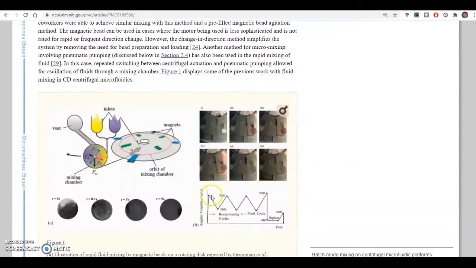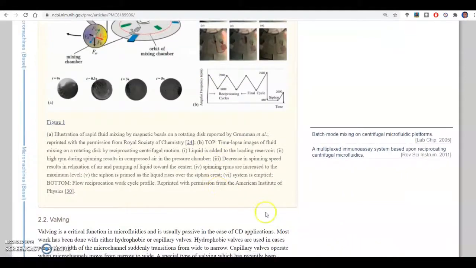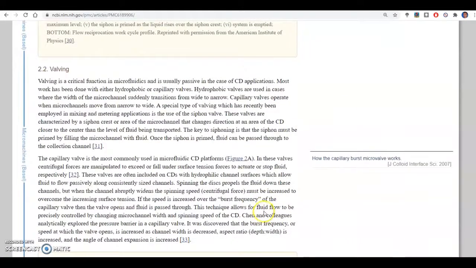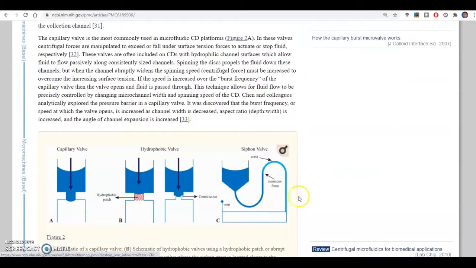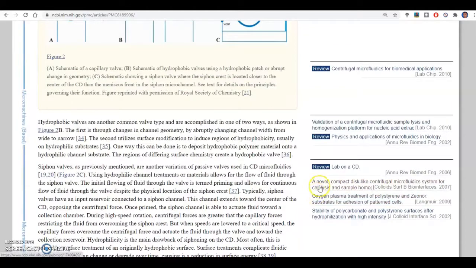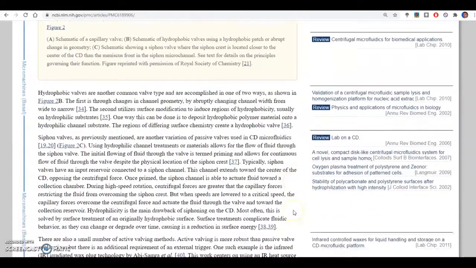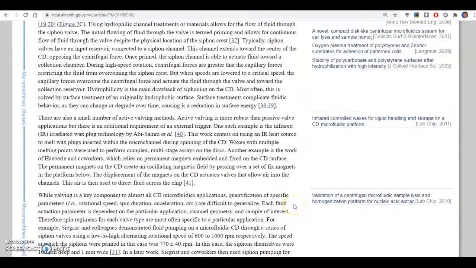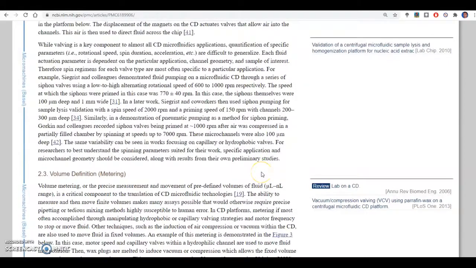So I want you to understand what the problem is and try to propose something. It might not work. Don't worry so much about whether it will work or not, or whether you know enough about the technology or not. Just understand what lab on CD means and understand what the problem is and try to propose something.